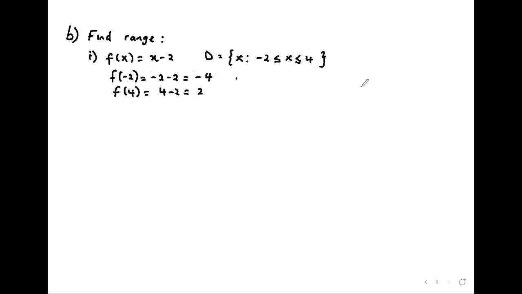Automatically, the range now becomes from negative 4 all the way up to 2, both included. That is the range for the given domain, not just any range.